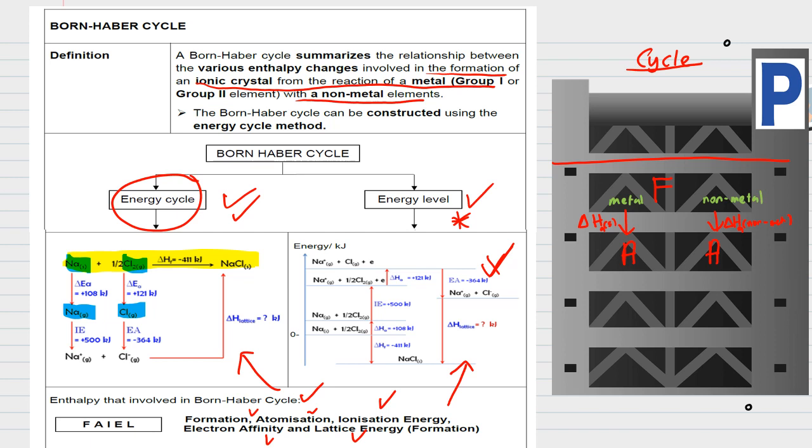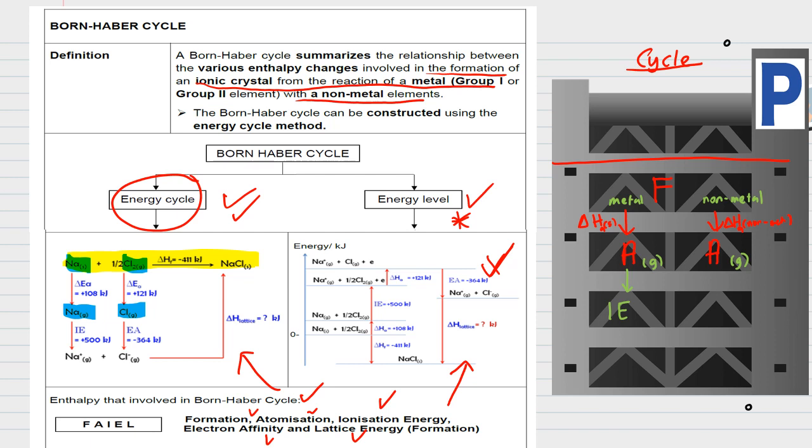Metal undergo atomization at the same time dengan non-metal undergo atomization. After that, this metal pula, after the undergo atomization, jadi gas kan dekat sini. Ini pun jadi gas. After that, untuk metal, dia akan turun menjadi IE. Dia akan undergo IE lah.